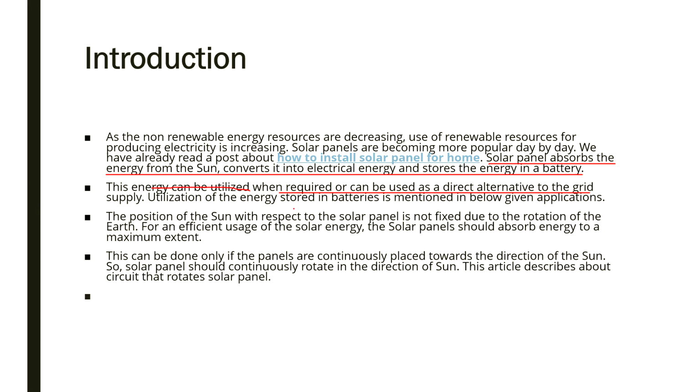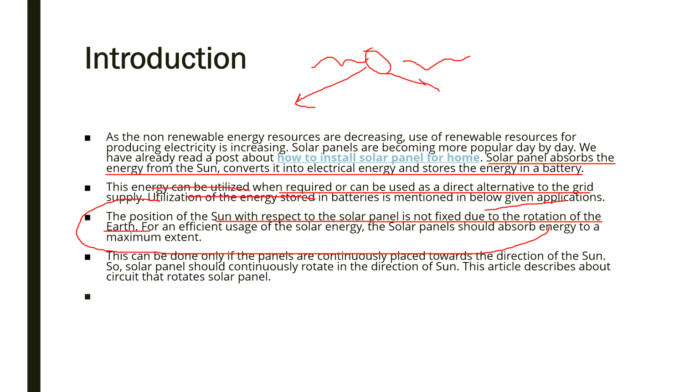Then there is the position of the sun. The position of the sun with respect to the solar panel is not fixed, due to the rotation of the earth. If the sun is here and clouds are there, the sun's rays fall directly in this direction rather than in that direction. In that direction the sun's rays are not falling, but the panel is installed in this direction only.